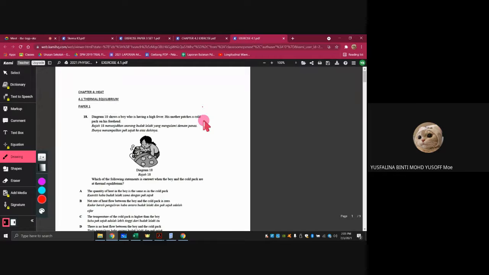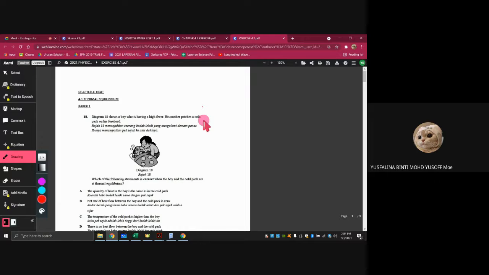If the question asks what is meant by thermal equilibrium, you have to remember three sentences. First, the temperature of the two objects is the same. The rate of heat transfer between the two objects is the same. And another one is the net rate of heat transfer is 0. That's the meaning of thermal equilibrium.